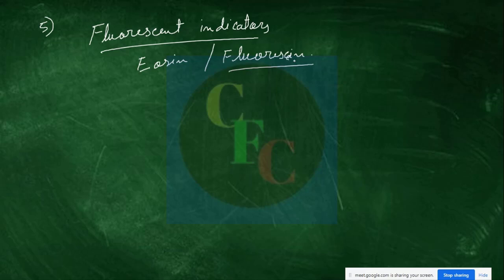Suppose in a reaction, the product or after the end point is such that by addition of, say, a proton or hydrogen or OH, the structure of this fluorescent moiety will change. This fluorescence will change. So if it was fluorescent and it changes, the fluorescence will not be there, or suppose it was not there, it changed to a fluorescent property. So by changing these fluorescent properties, it can act as a fluorescent indicator.